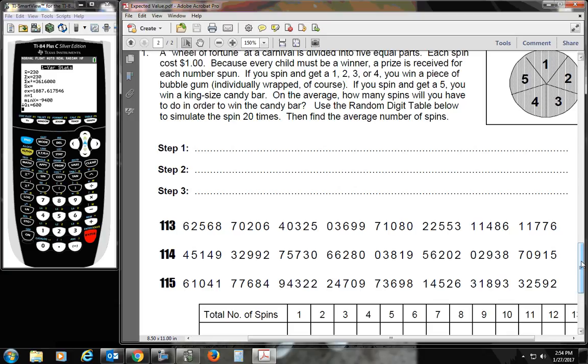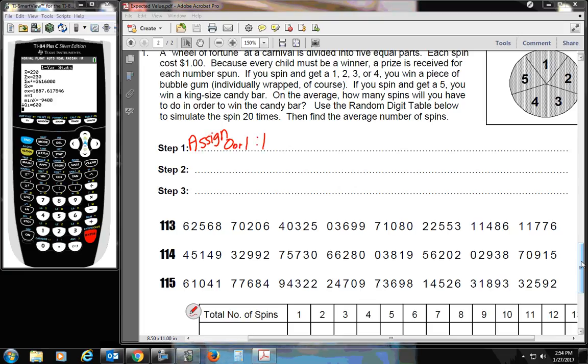So I think what I would probably do is say, okay, I'm going to assign that if I see a 0 or a 1, then that's section 1. So if I see a 2 or a 3, that means section 2 was landed on.